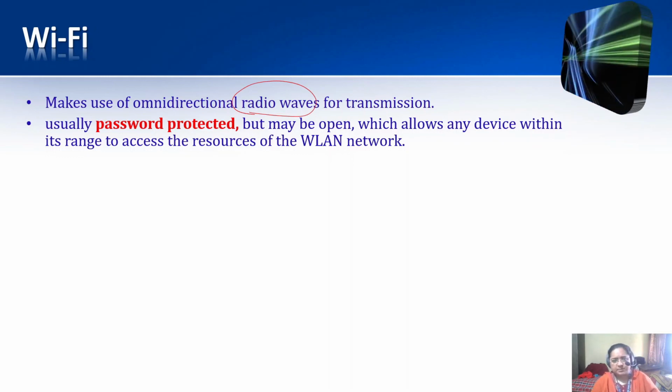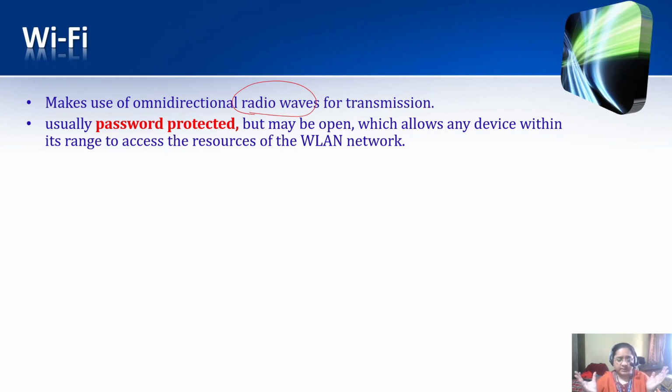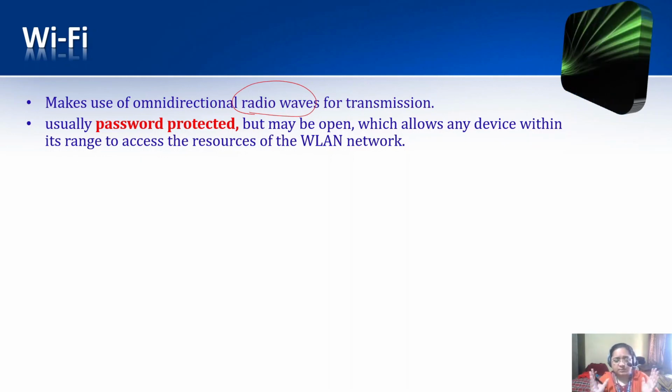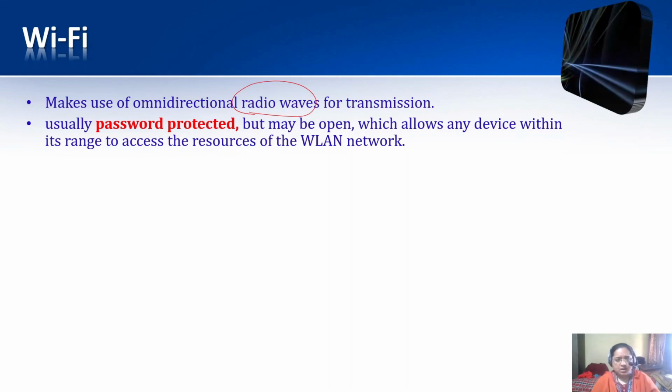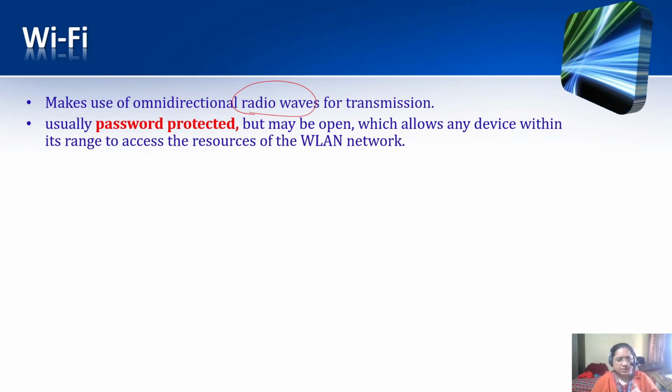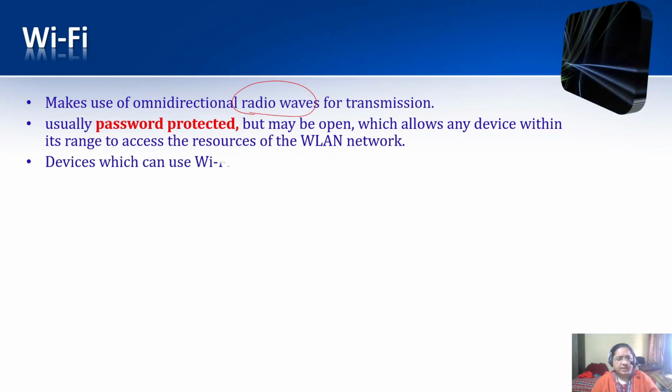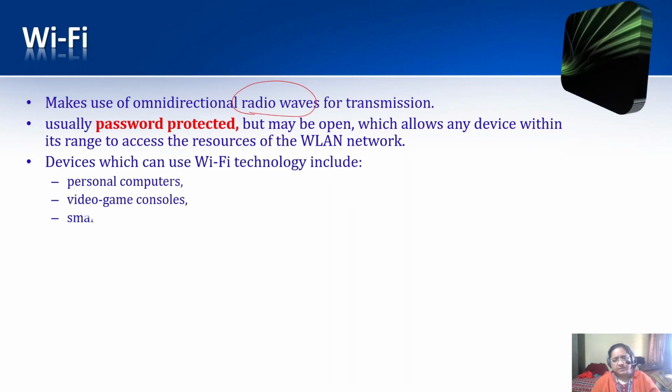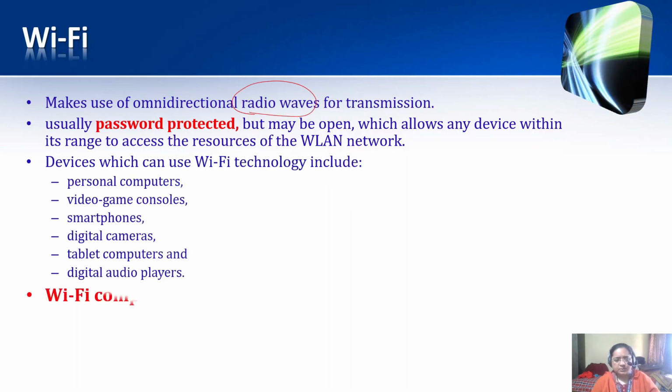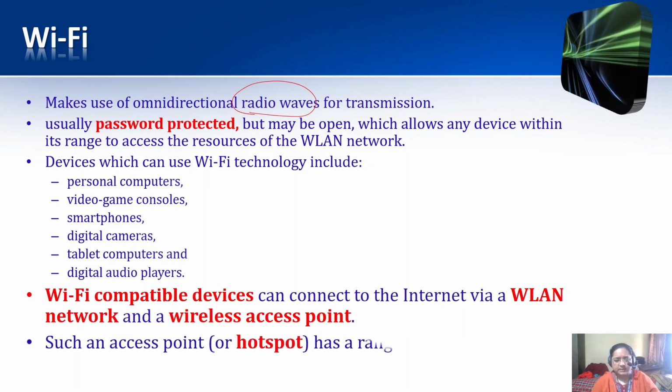Usually it is password protected, but sometimes it may be open, for example an open Wi-Fi hotspot for a college campus, a school campus or an office building. Many devices can be connected through Wi-Fi provided they are Wi-Fi compatible.